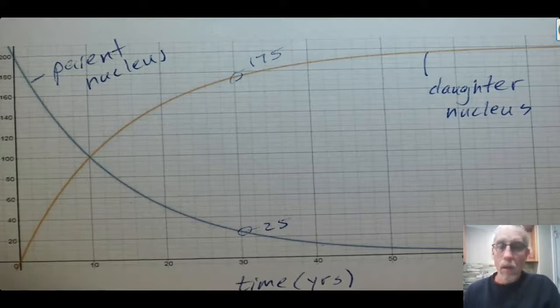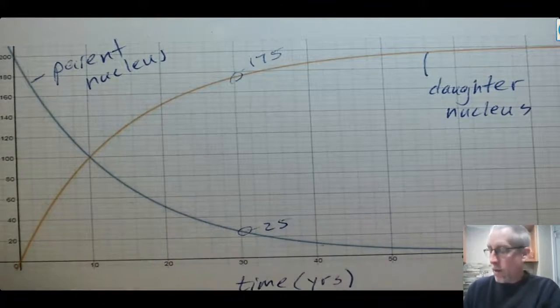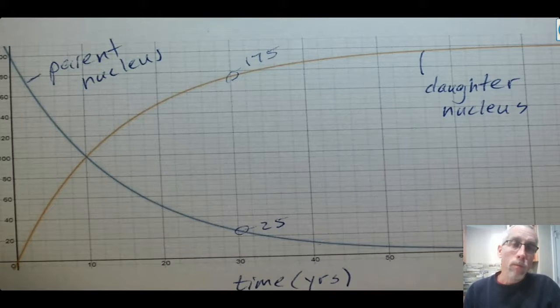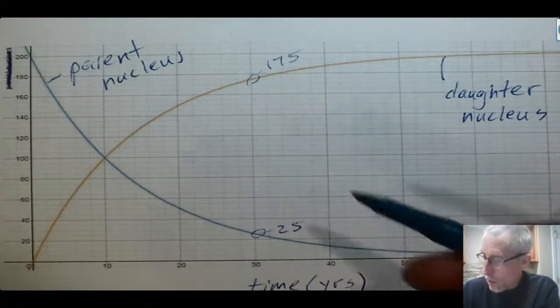The other thing I like about this graph, better than Tyler DeWitt's bar graph, is you can tell even in between the half-lives how much you have. So, our half-life is 10, and so we can easily see 10, 20, 30, and 40, but what about 15? If somebody said, how much will you have after 15 years?